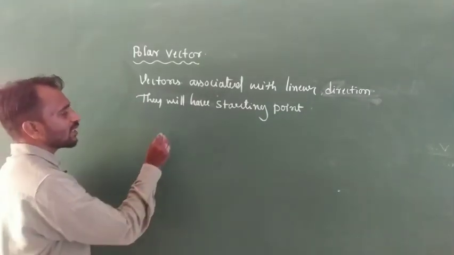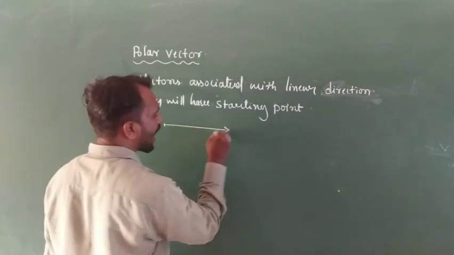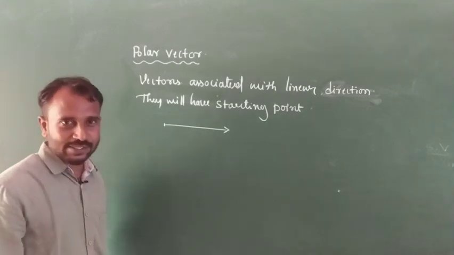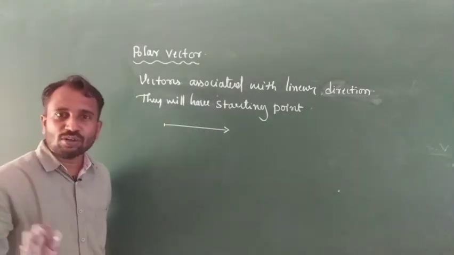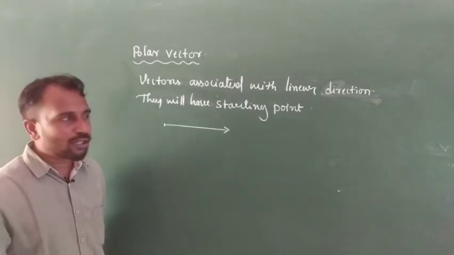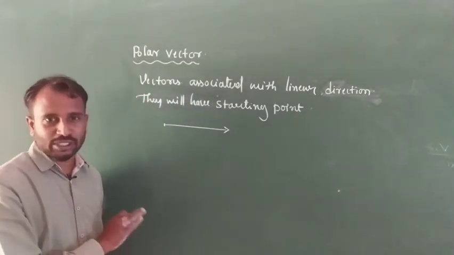For example, an object changes its position along the x-axis. The direction of the vector does not change, and the direction of the object does not change. Why? Because these vectors are only associated with a linear direction.